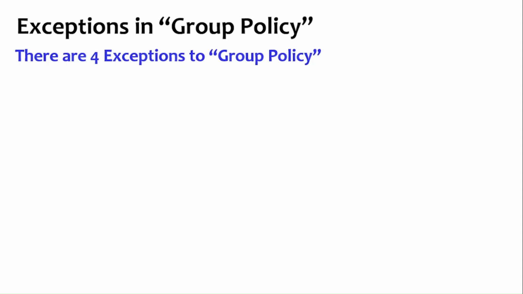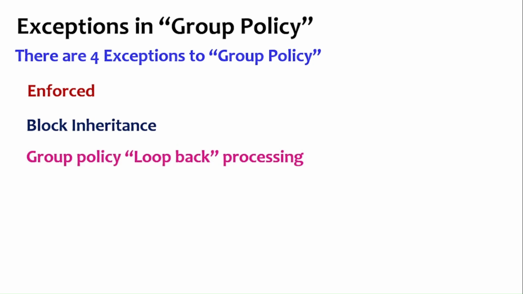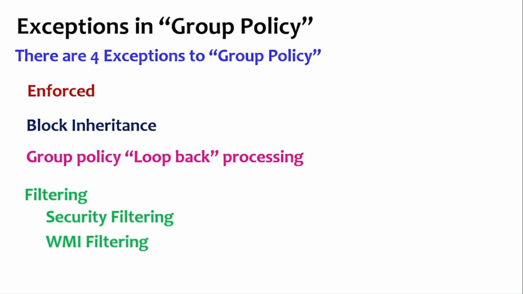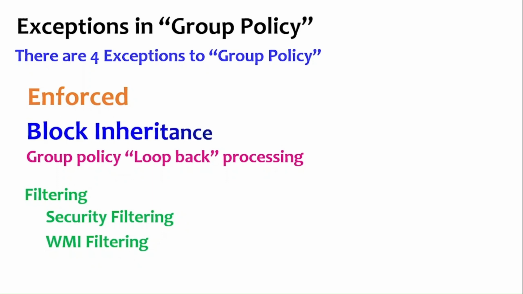There are 4 exceptions to group policy, namely enforced, block inheritance, group policy loopback processing and filtering. And we have 2 types of filtering: security filtering and WMI filtering. In the last session, we already saw one of the exceptions, enforced, and how it works. Today we'll be focusing on the next exception, that is block inheritance. So let's move ahead.